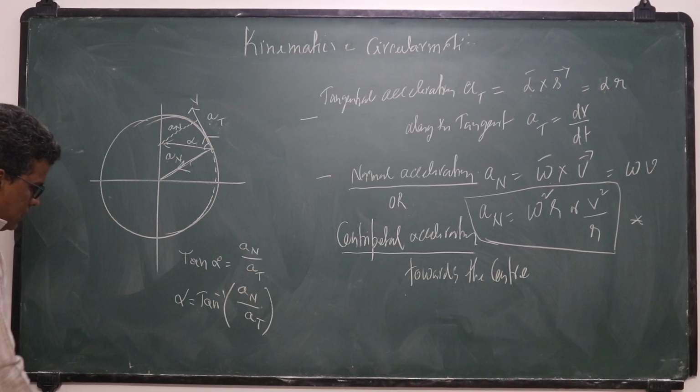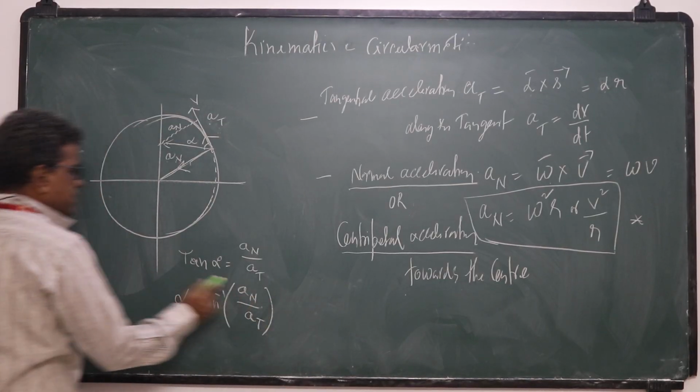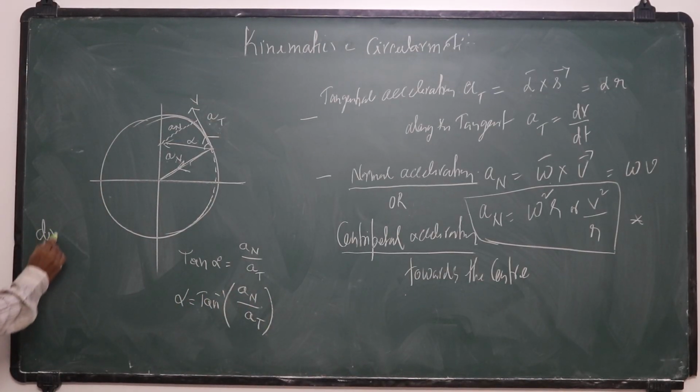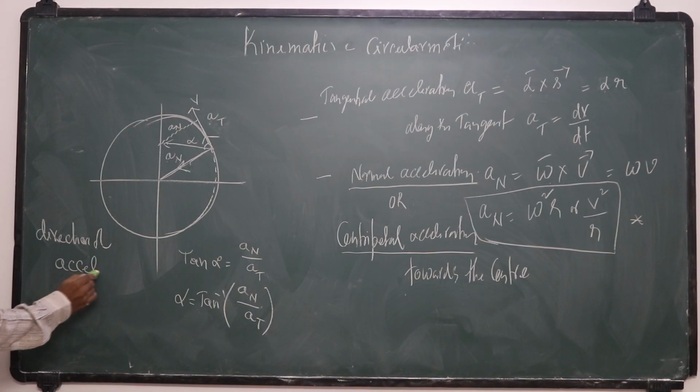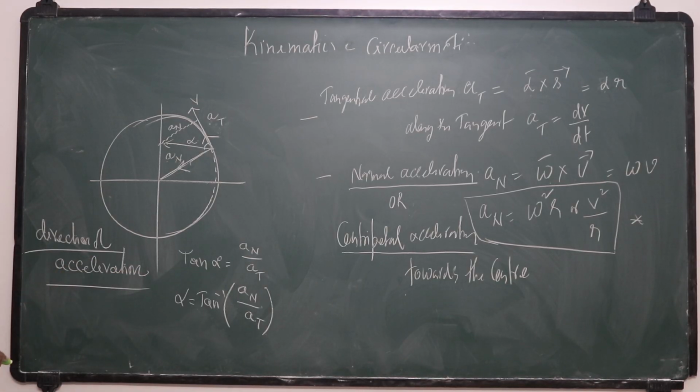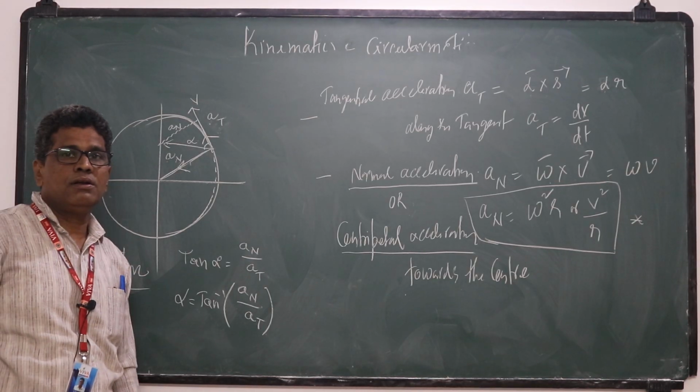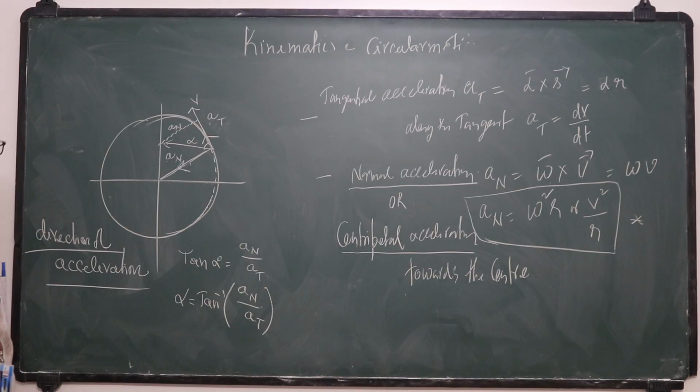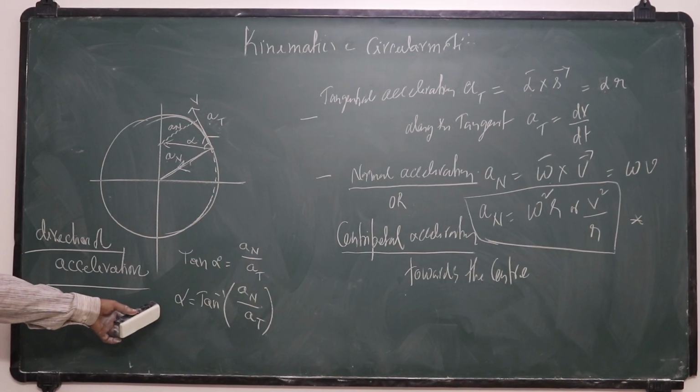This is the direction of acceleration of a particle when it moves in a circular path with variable speed.